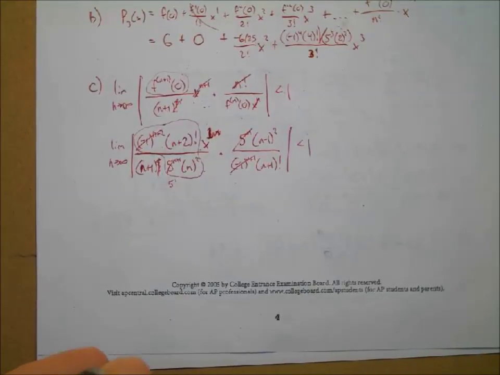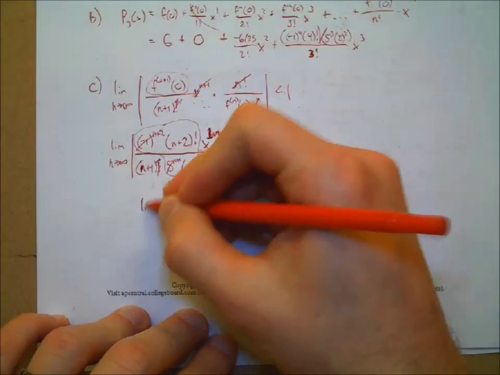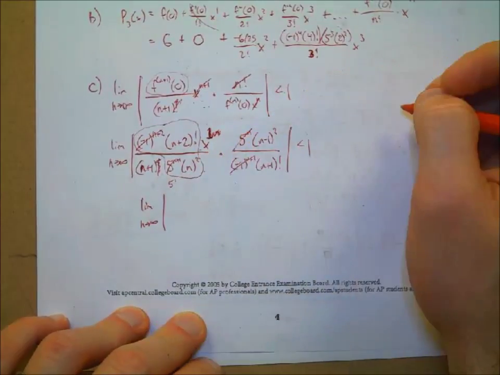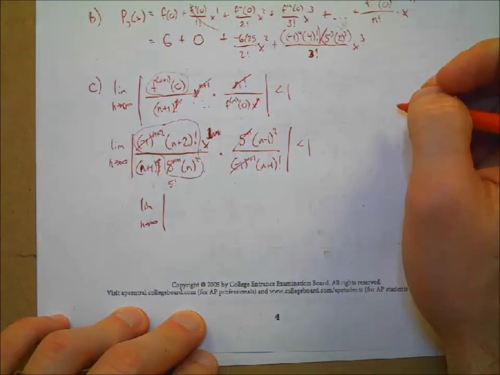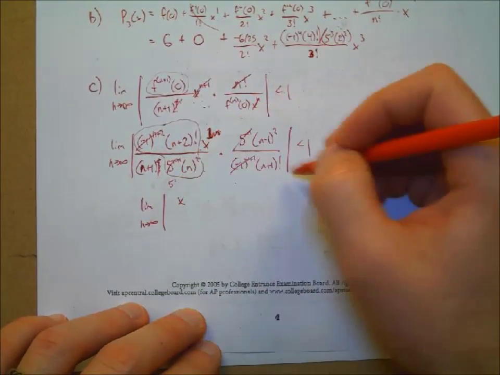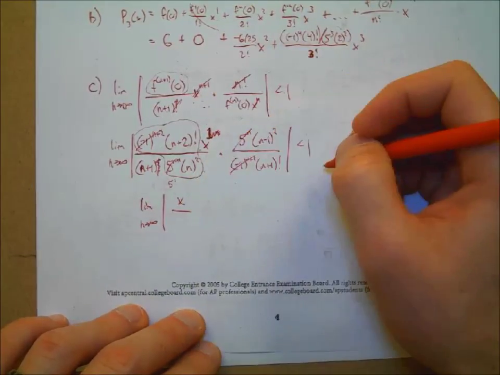Let's group things together. So let's group our non-n terms together, because that's what we typically do. So what do we have for the non-n terms? In the numerator, it'll be x to the 1. Well, x to the n+1, but I canceled that earlier with the x to the n that was in the denominator. So just x to the 1 over, and then what's in the denominator? That's a non-n term. 5.